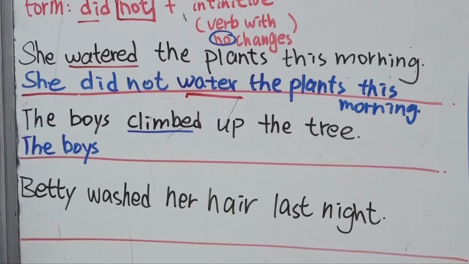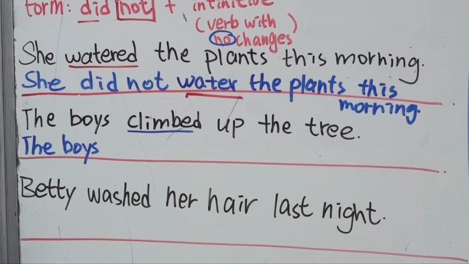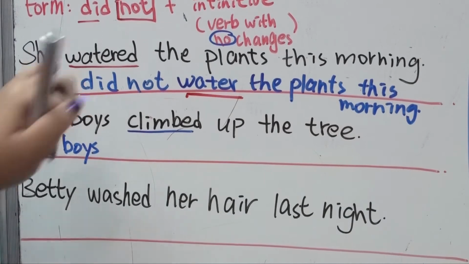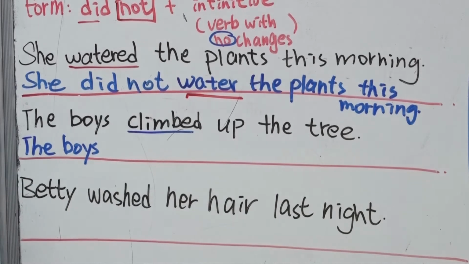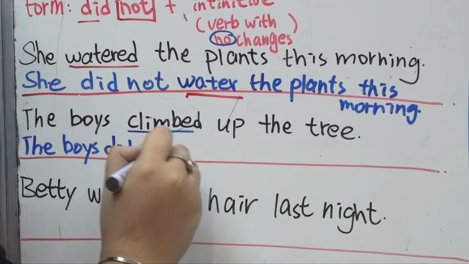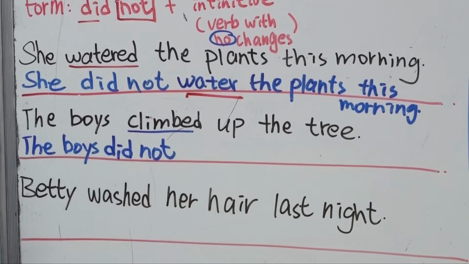So how do we make it a negative sentence? How do I add not here? 5 seconds. 5, 4, 3, 2, 1. As always, we add did not. Yes? Did not. And the verb with what? With infinitive, right? How do we make climbed infinitive?